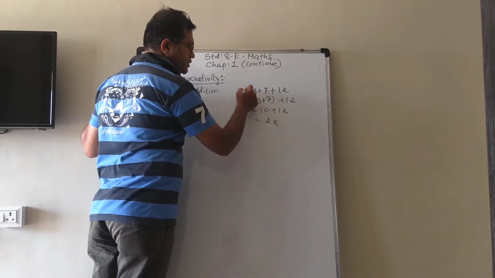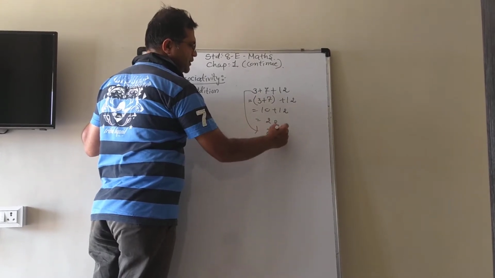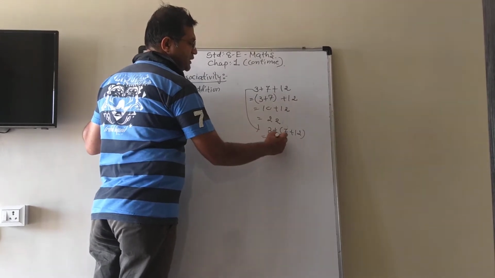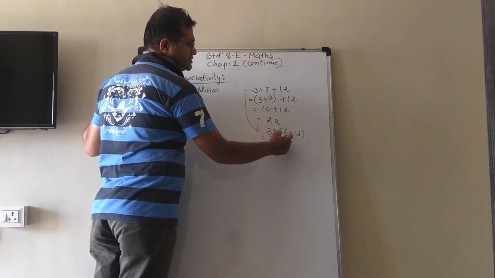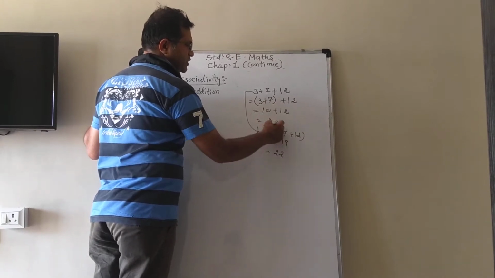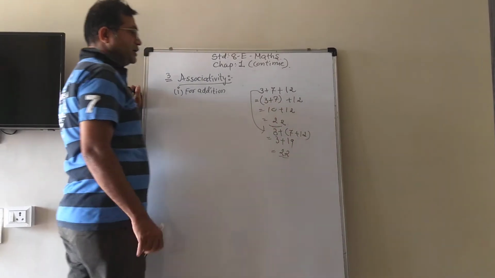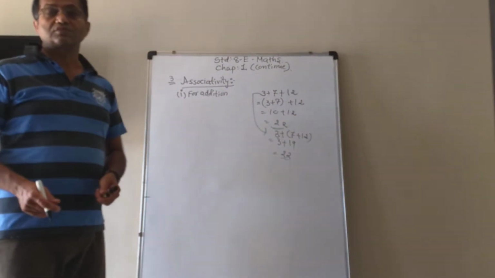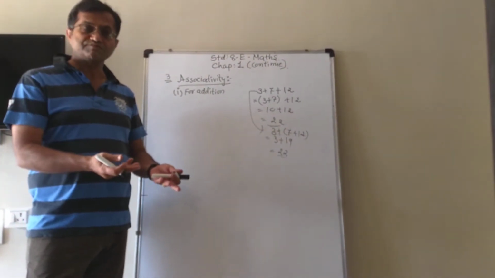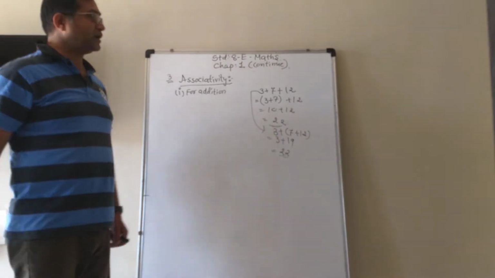Or you can do the other method also: 3 plus, you can add second and third, 12 plus 7 is 19. 19 plus 3 is 22. It means that you can make a group of any two numbers, add them and then add the third number.